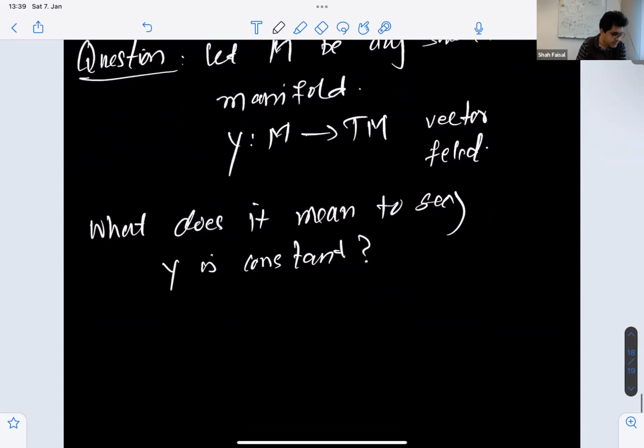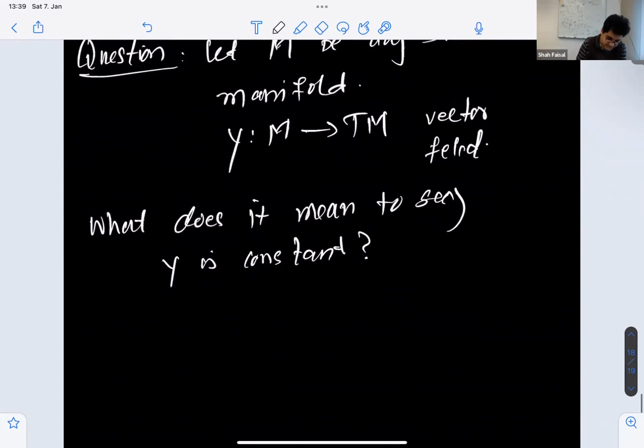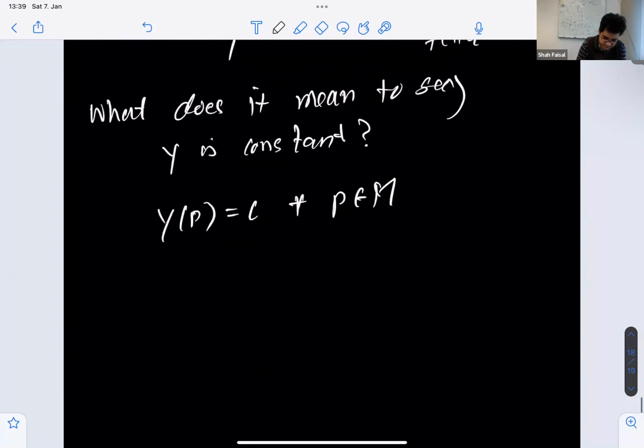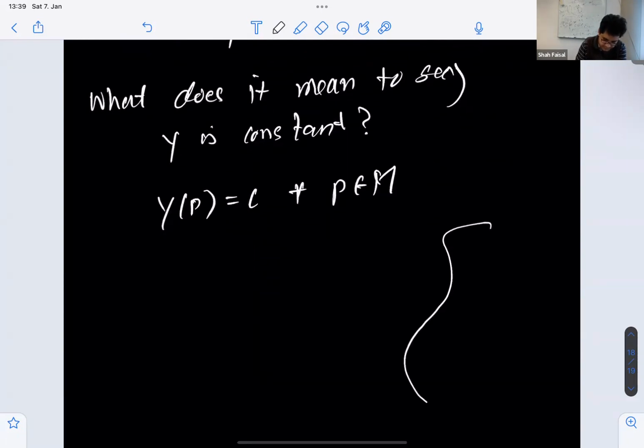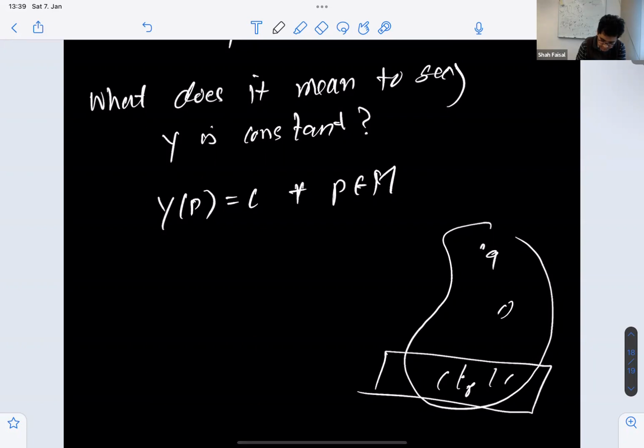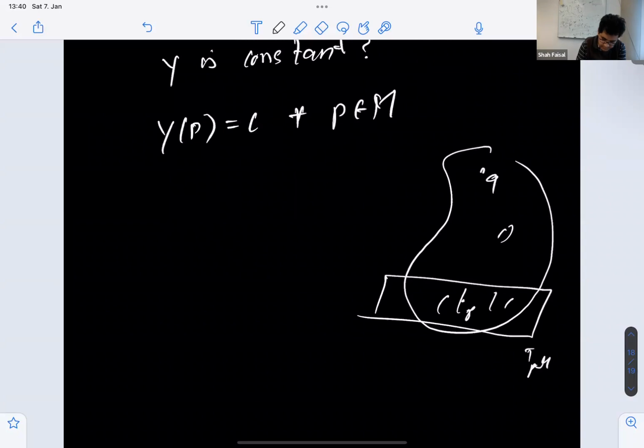The problem is, this definition that Y of P equals some vector for all P doesn't make any sense now, because of the following reason. Let's say this is your manifold, this is point P, and you take another point Q. You have a tangent space at P, and you have a tangent space here.